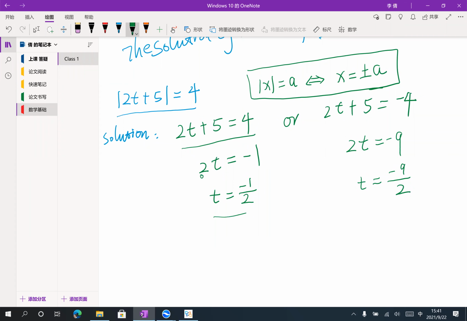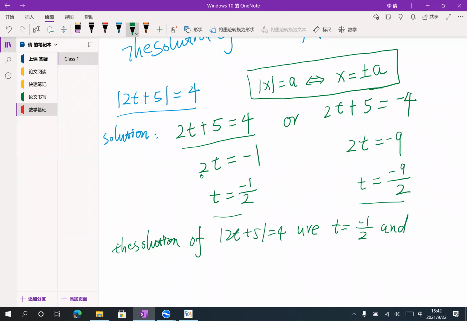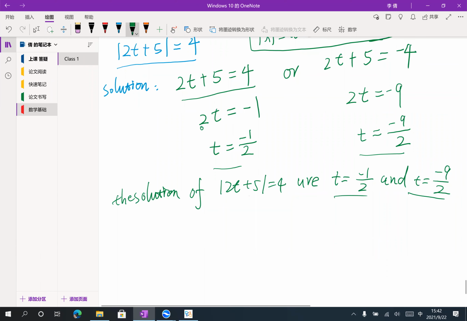So the solutions of this equation are t is equal to negative 1 over 2, and t is equal to negative 9 over 2. These are two solutions of this equation. This is the first exercise.